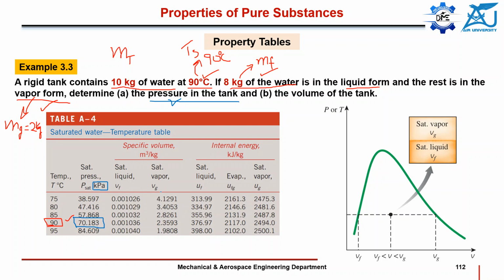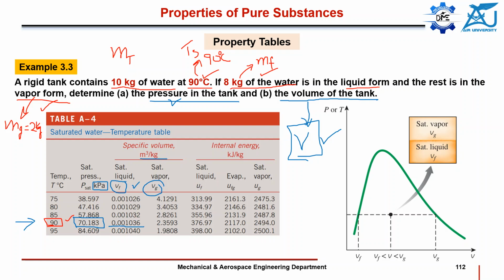Okay, so now we also need to find out the volume of the tank. So we are talking about the total volume of the tank. To find this out we shall be needing two things, Vf and Vg at this given temperature. These are given in the table. Vf is small v, in meter cube per kg.